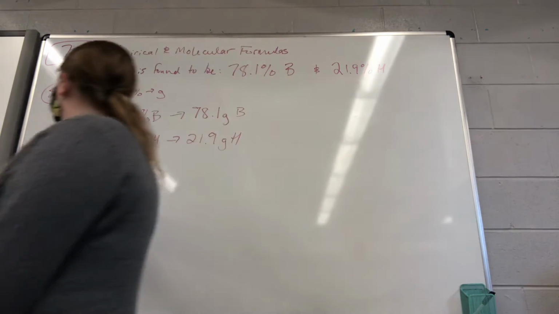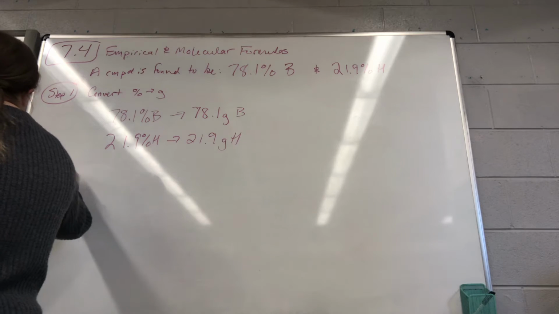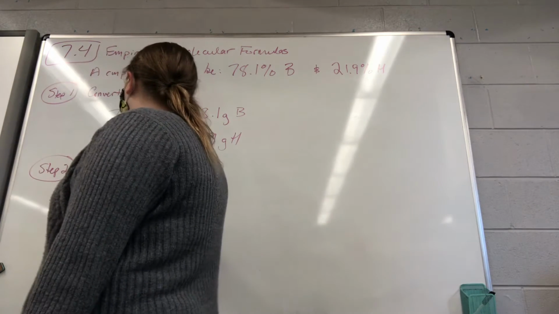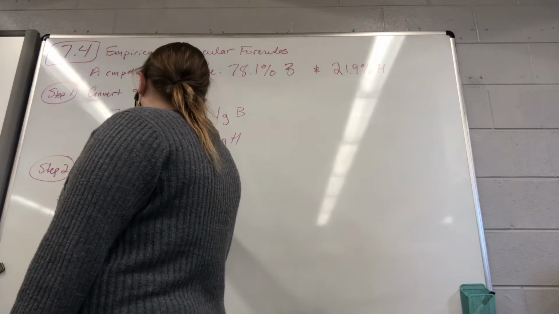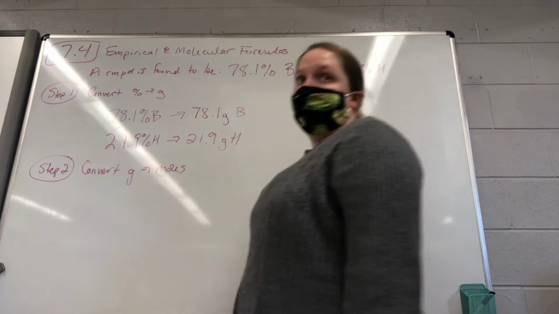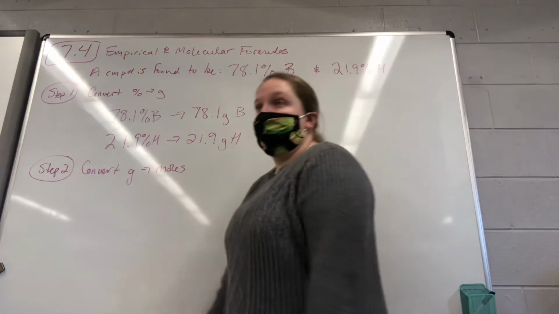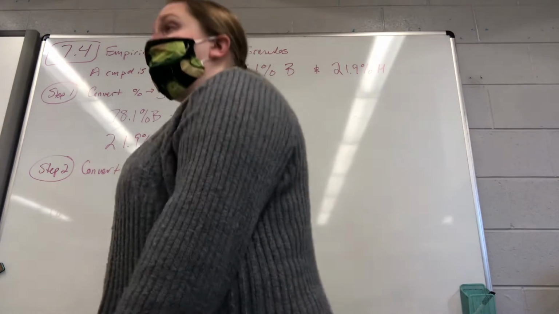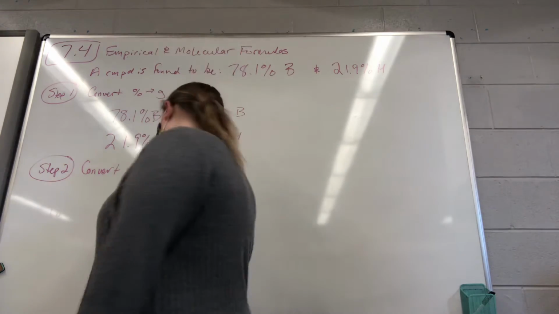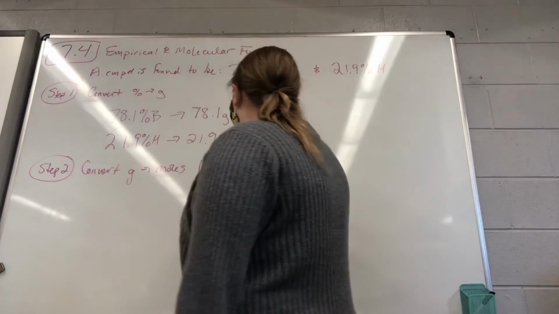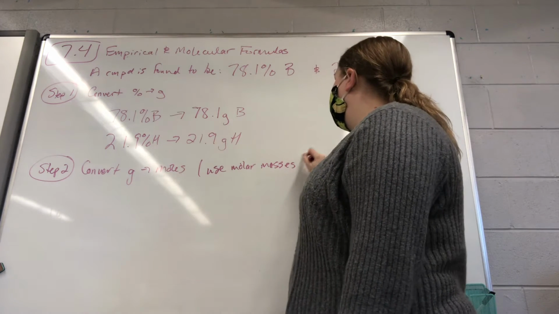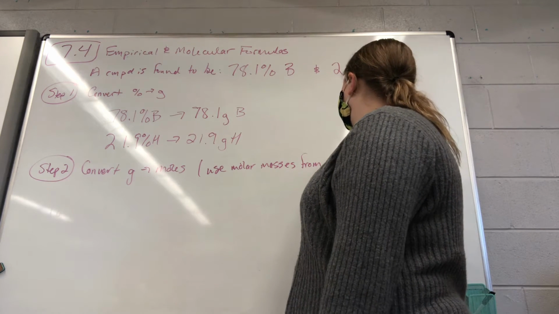All right, step two. Convert grams to moles. How do we do that? Cool. Where do we get those conversion factors from? Periodic table. So we're going to use molar masses from the periodic table.